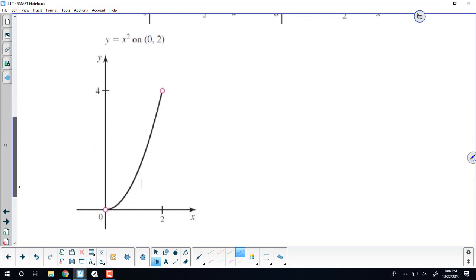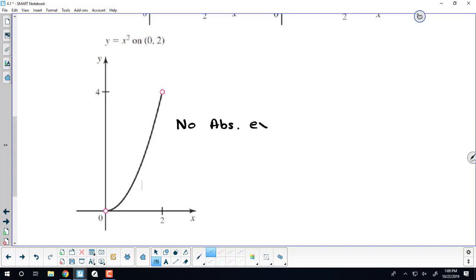And it gets worse if we look at the interval from 0 to 2, not including either endpoint. Here, in fact, there is no absolute extreme. So no absolute max or min on that one. So the nature of the function is important, and we'll look at that.